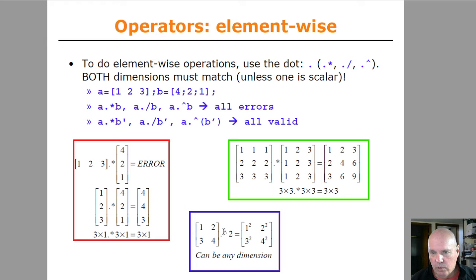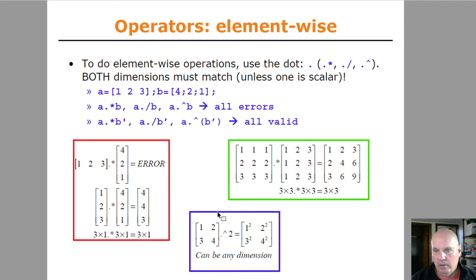And the same is true here. We could either square this matrix, which would be this matrix times itself, if you use just the caret operation. But with the dot caret, it raises every element to the corresponding power. For the most part, in the statistics course where we're working with data sets, we often use the dot operators and do element-wise operations.